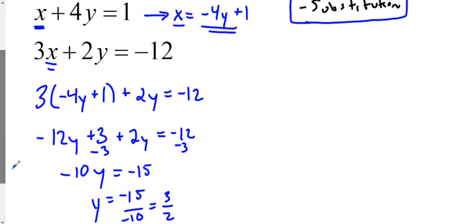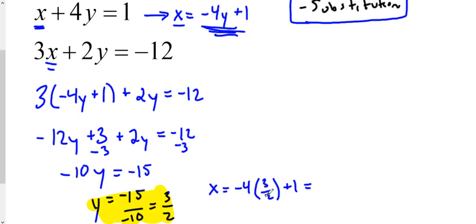From here, how do we solve for the x value? Well, we take our newfound y value, which is right here, and we substitute that back into this expression right here. So x is going to equal negative 4 times y, and we found y equals 3 halves, so plug that in there, plus 1.